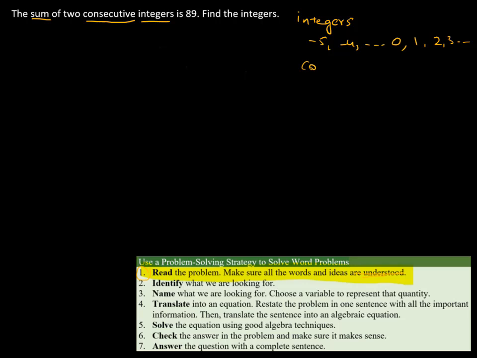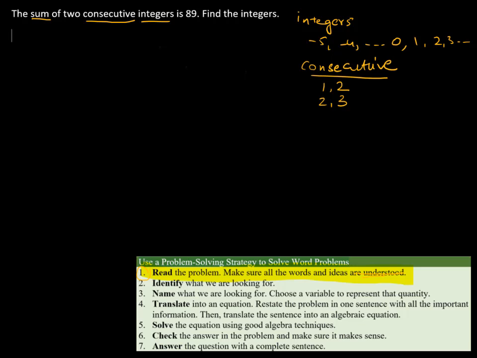Now, what do we understand from the word consecutive? The numbers that are just next to each other, for example, 1 and 2, 2 and 3. Because these numbers are next to each other, there's no number skipping between them. We call them consecutive integers.